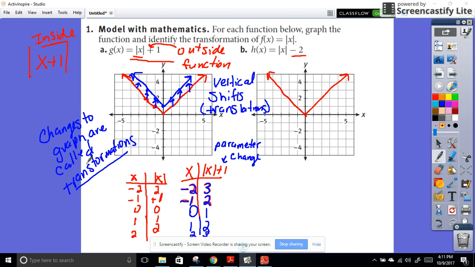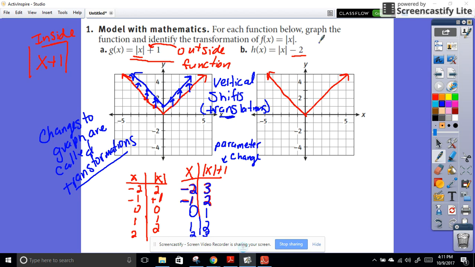Transformation is a generic term. It can mean lots of things. The transformations that we're going to be learning are translations, reflections. We're going to do horizontal and vertical compressions and stretches, okay? But the particular one that we're studying right now are translations.